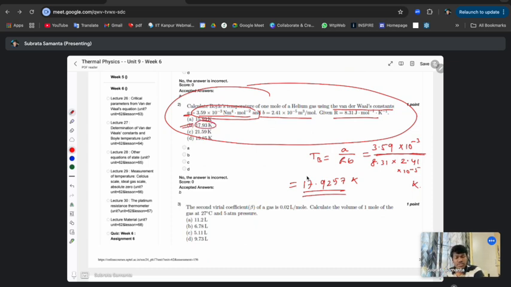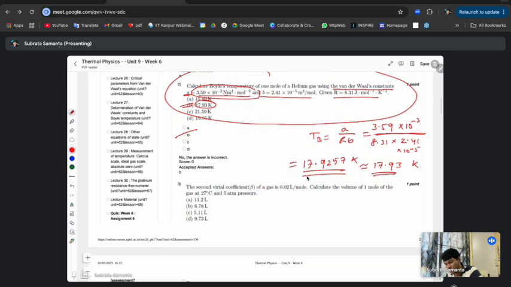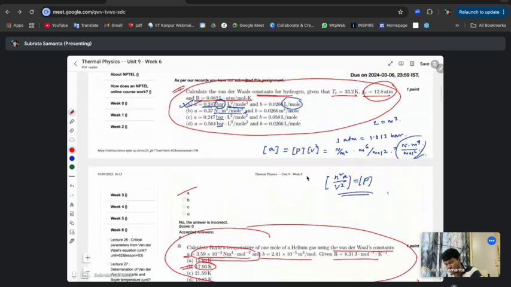You have to choose the closest option, because 17.9257 is approximately 17.93 Kelvin. So option B is correct.